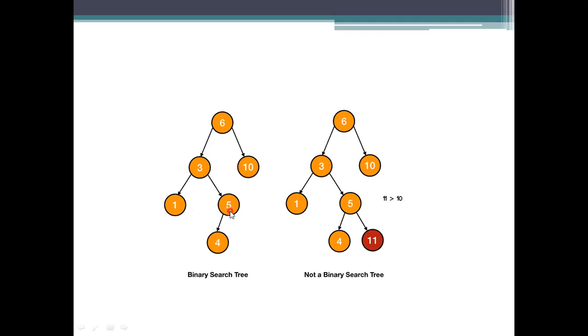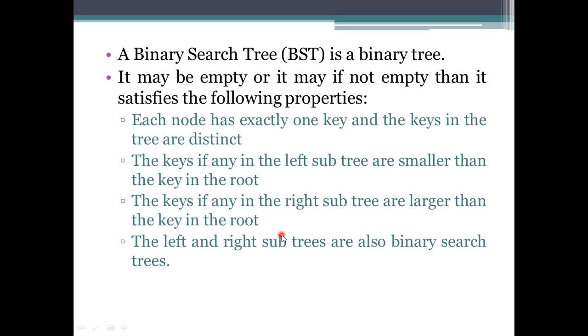Next is 5, which is greater than 3, so it goes to the right. The fourth node is the left child of 5, and 5 is the right child of 3. Here 4 is greater than 3, and it is placed on the right side only. So that is an example of a binary tree and a binary search tree.